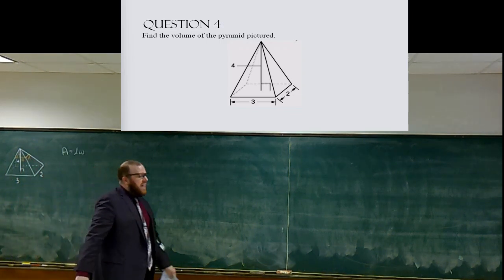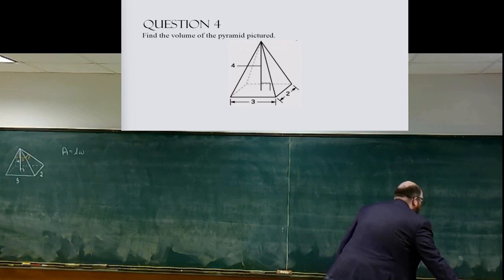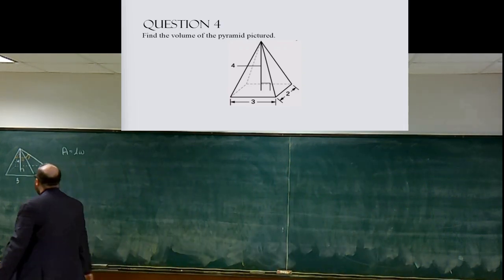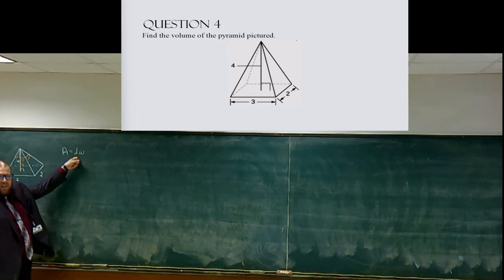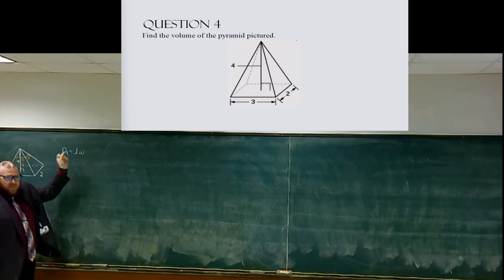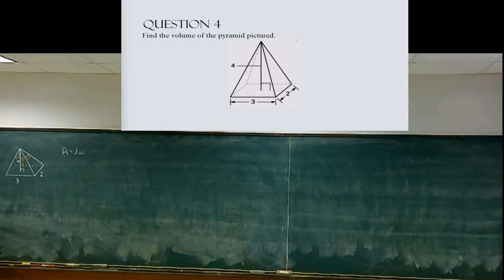Let's say we drew this cross section at a height y. Everything is dependent on our height y, so we need to find a formula for L in terms of y and a formula for omega in terms of y. Let's start.